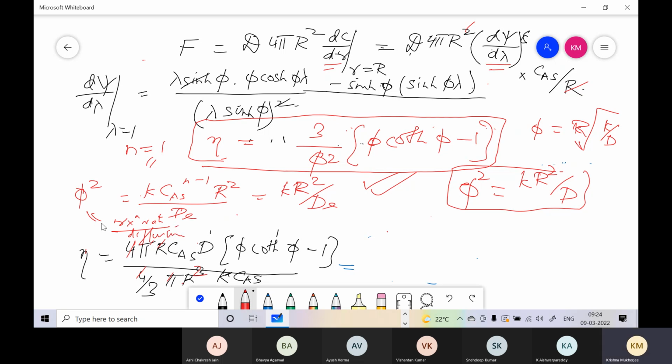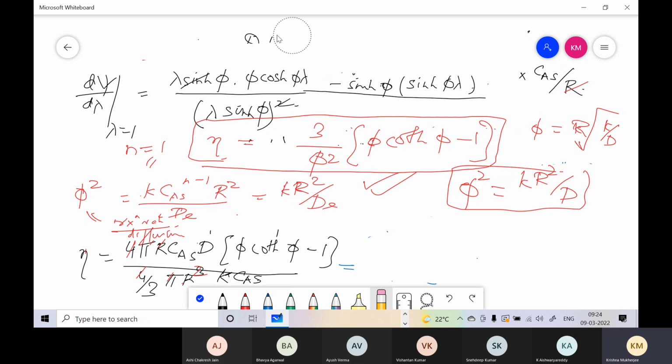Phi square was also measured like that, which I tried to demonstrate to you. And just like the Damkohler number, this is where I will jump, because derivations are not making much sense.